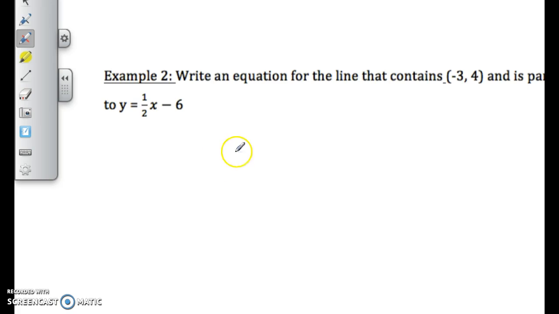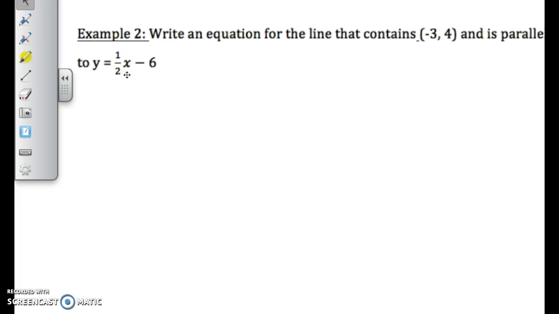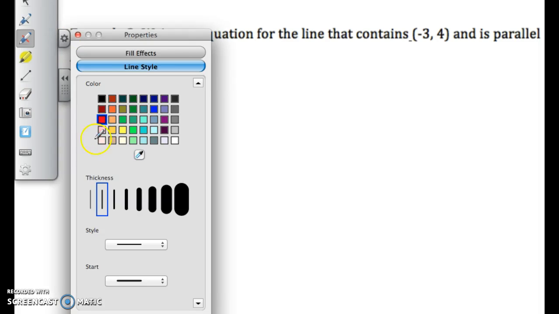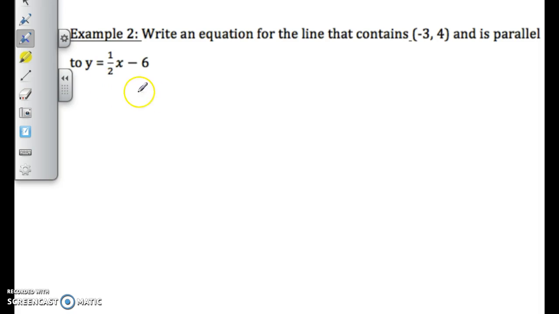All right, so here's another example. Write an equation of a line that contains the point -3, 4 and is parallel to y equals 1/2 x minus 6.